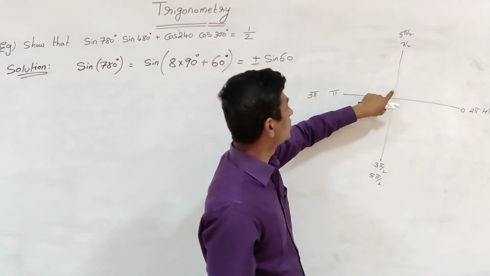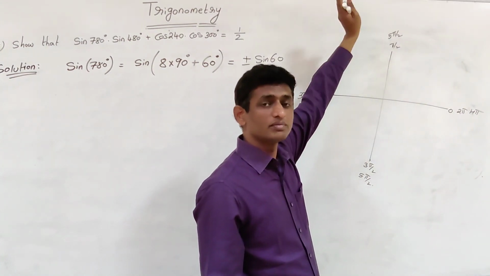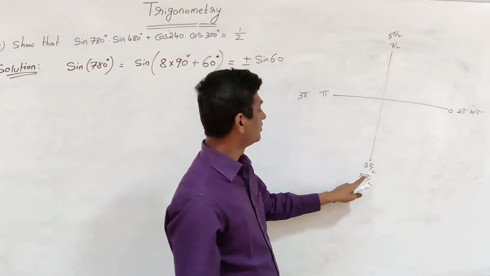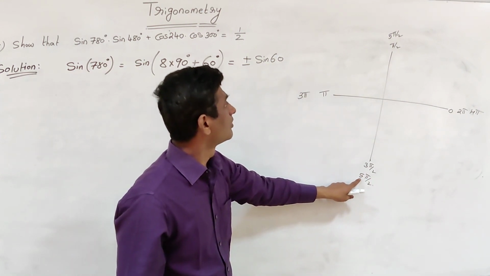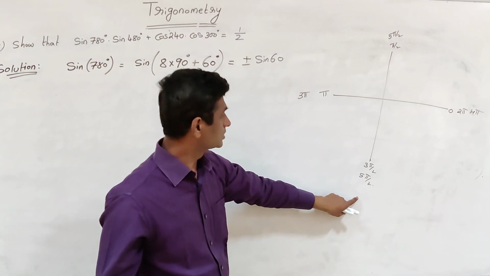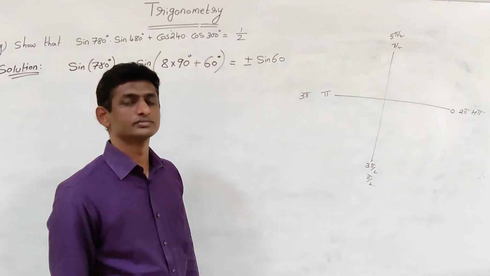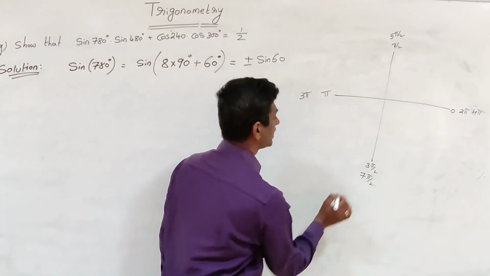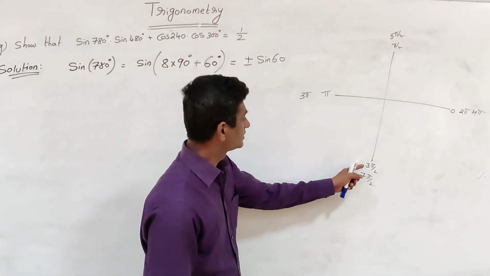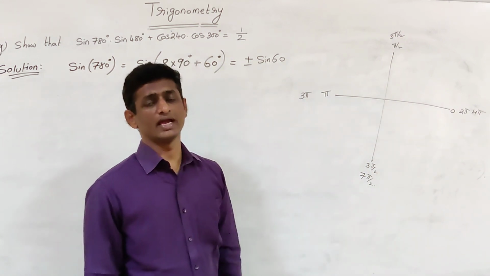If you observe, pi by 2, 5 pi by 2, 9 pi by 2 lie on the positive y-axis, and 3 pi by 2, 7 pi by 2, 11 pi by 2 lie on the negative y-axis.